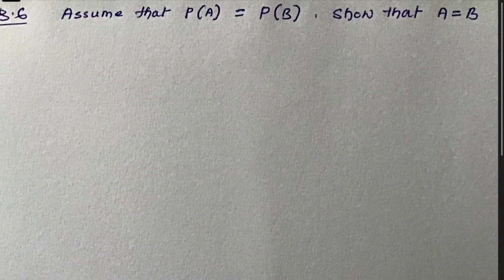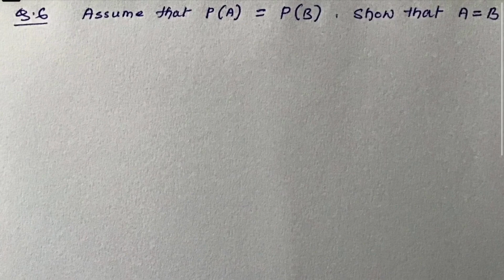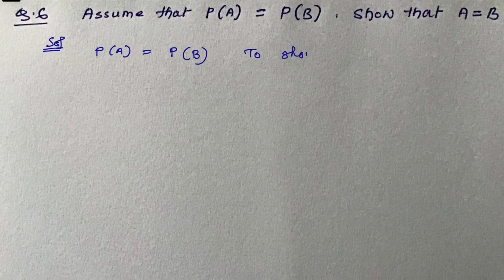So now let us solve question number 6. Okay, so here it is given that power set of A is equal to power set of B. Okay, we need to show A is equal to B. Set A and B are equal. Okay, so how to solve it?